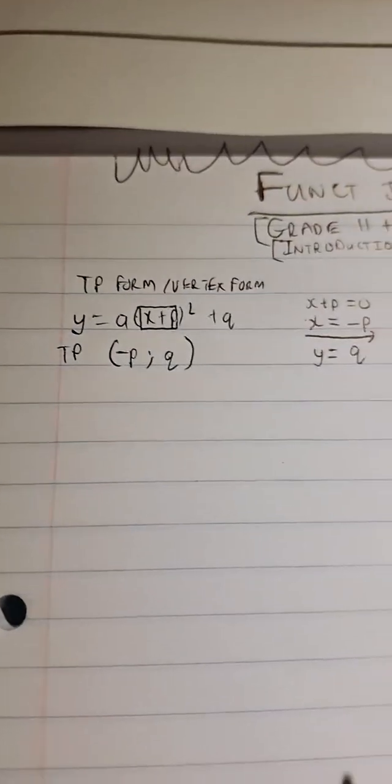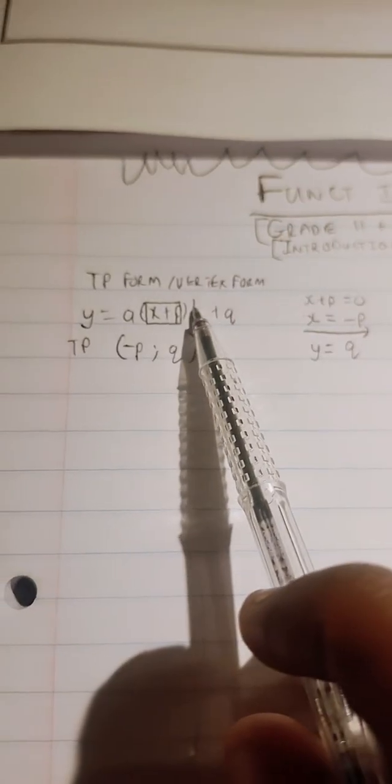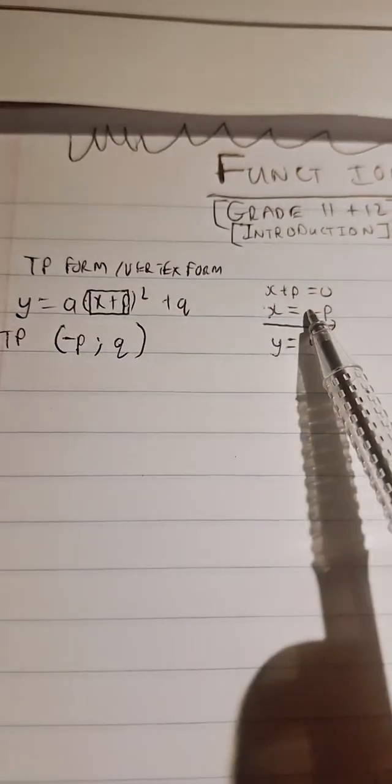There's no need for serious formula calculations here. Take the expression inside the bracket, equate it to 0, solve for x. That is the x coordinate of the turning point. This is also the equation of the axis of symmetry.